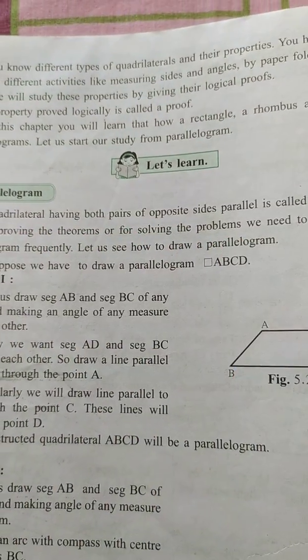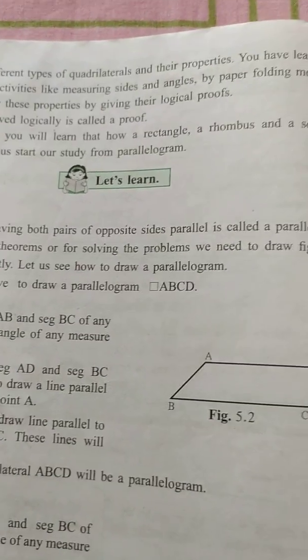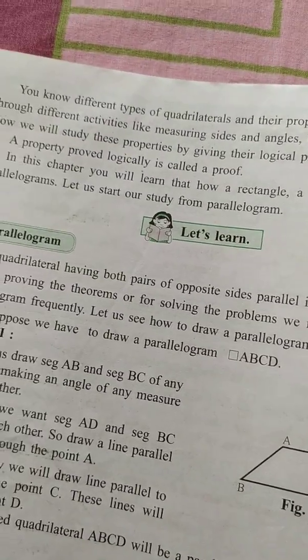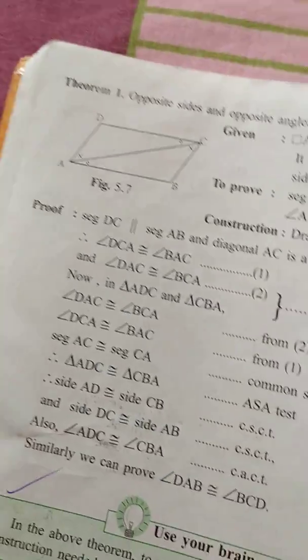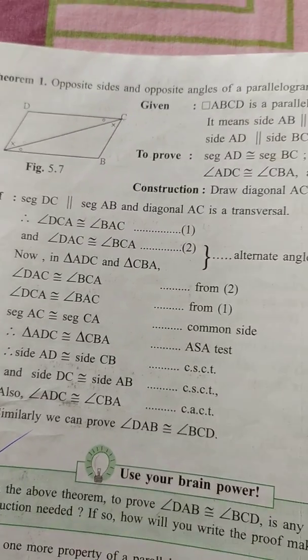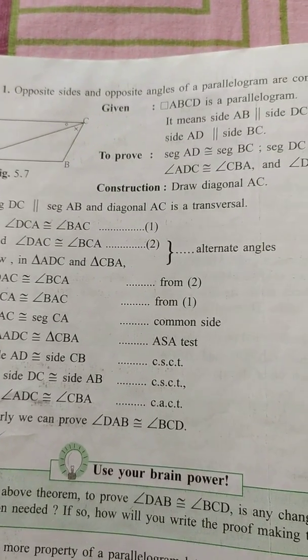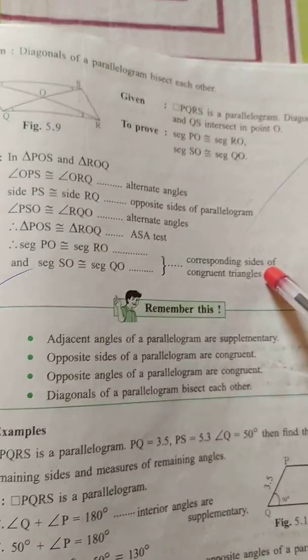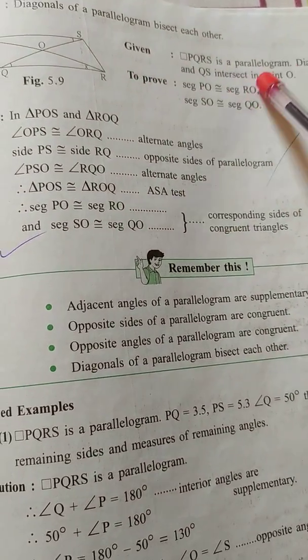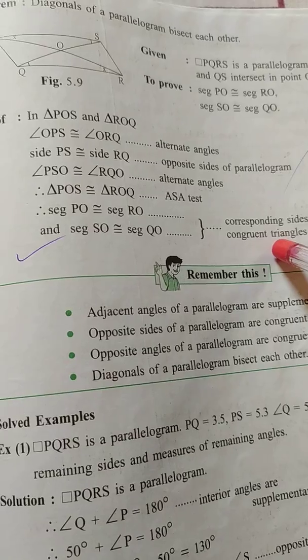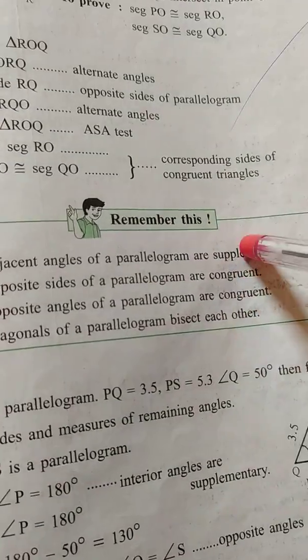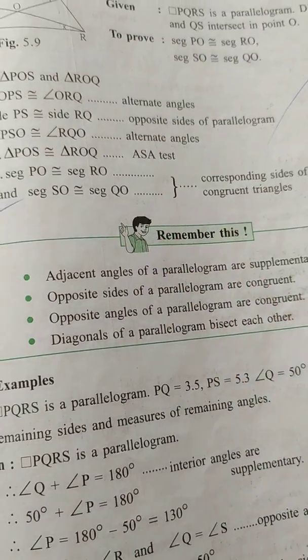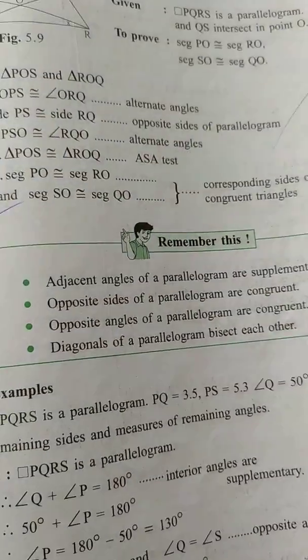A quadrilateral having both pairs of opposite sides parallel is called a parallelogram. Then you will go to page number 60, write down this whole theorem 1. So given, to prove, construction and proof. After that, the next theorem on the next page. Diagonals of a parallelogram bisect each other. The complete thing till the proof. Okay. Then you will write these 4 lines. Remember this. And you will complete till here.